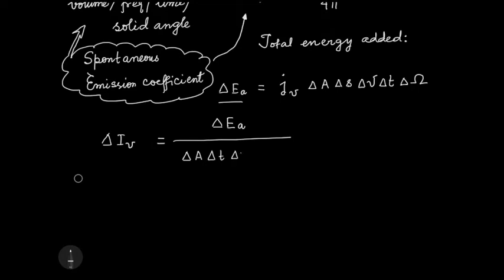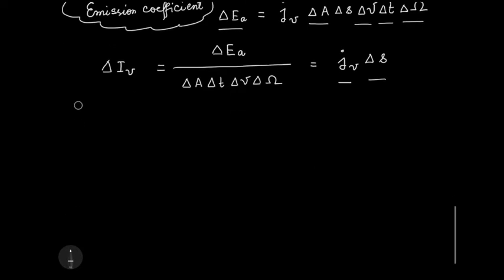It will be the energy added, and we know how to define delta I. This is per unit area, per unit time, per unit frequency interval, and per unit solid angle. So it gets divided by delta A, delta nu, delta t, and delta omega. So I'm left with J nu delta S. So you see, it depends on how much it has traveled and the spontaneous emission coefficient.